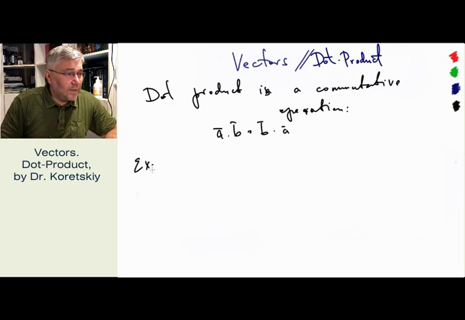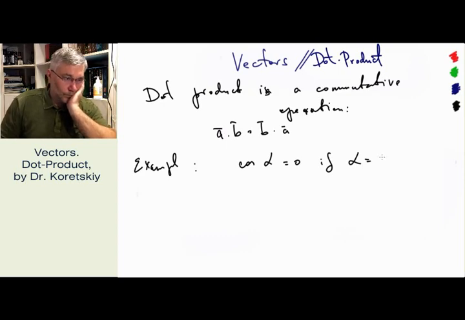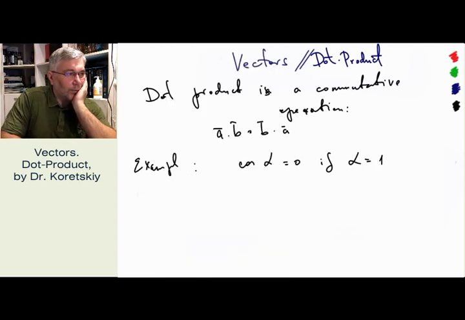What else? Also one more example here. You know that cosine alpha equals 0 if alpha equals 90 degrees.